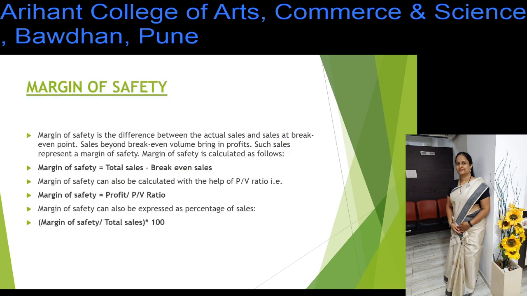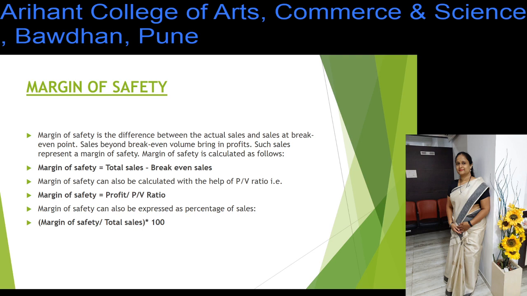Now let us start margin of safety. Margin of safety is a difference between actual sales and sales at break-even point. Sales beyond break-even volume brings in profit. Such a sales represent a margin of safety. Margin of safety means when you are deciding selling price for particular unit, you need to consider the actual cost of production plus your margin of safety, means minimum level of profit you need to earn.